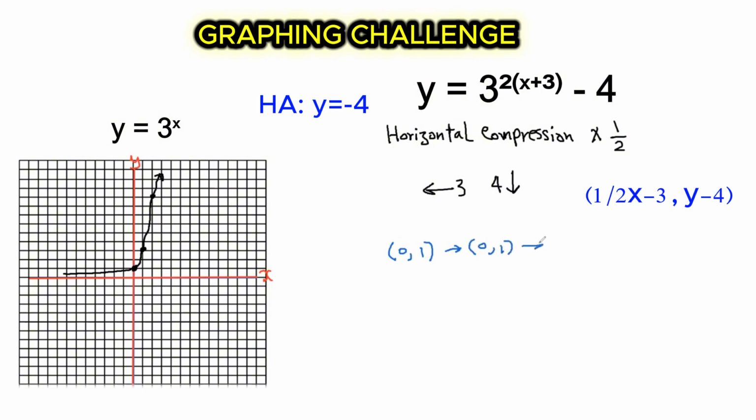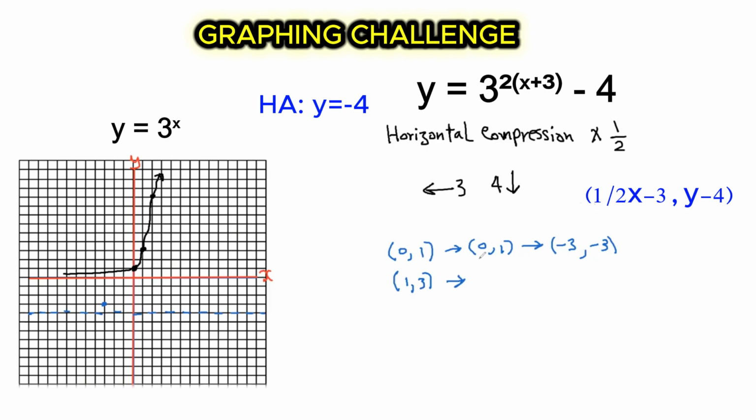So 0 times a half is 0. Then you take away 3 from the x value, and that becomes -3, and take away 4 from the y value, and you'll end up with -3 and -3. That's the first point. Now, if we take the 1 and 3, we do the same thing.